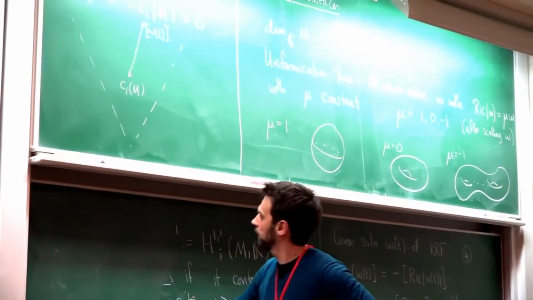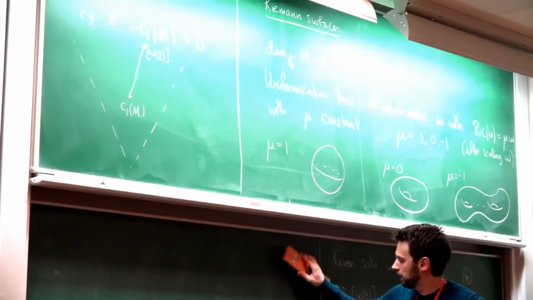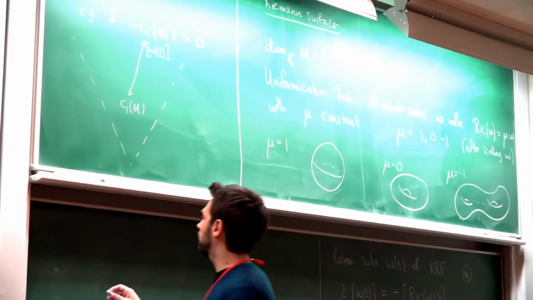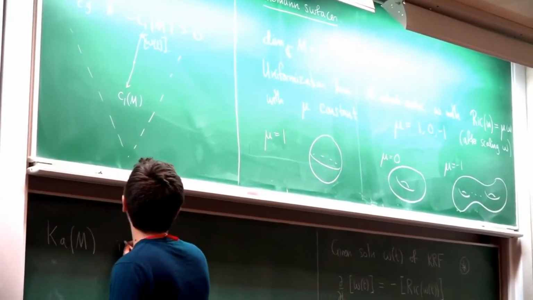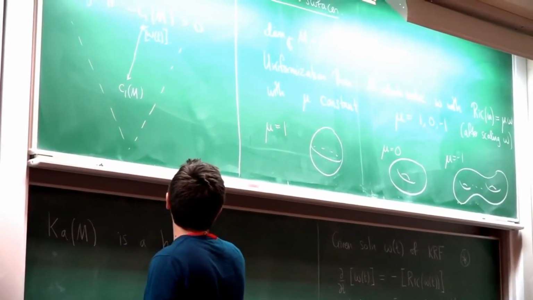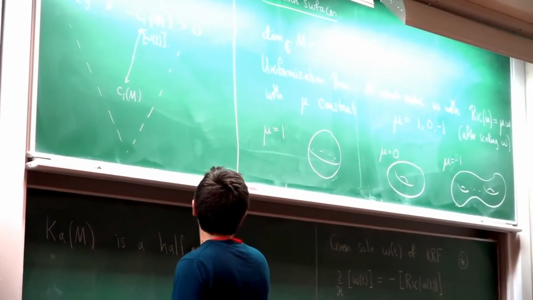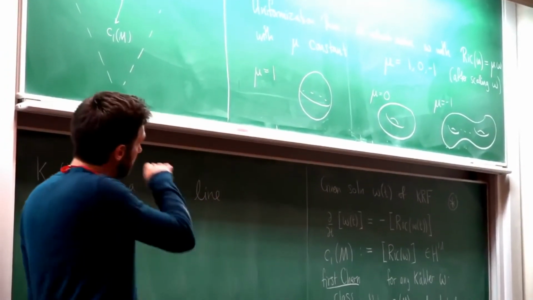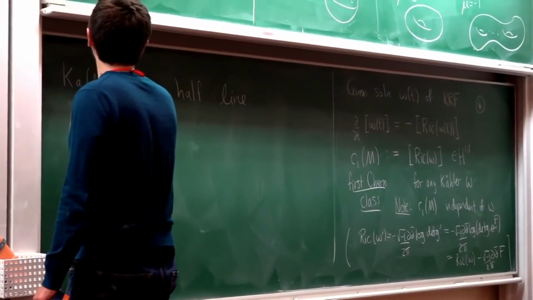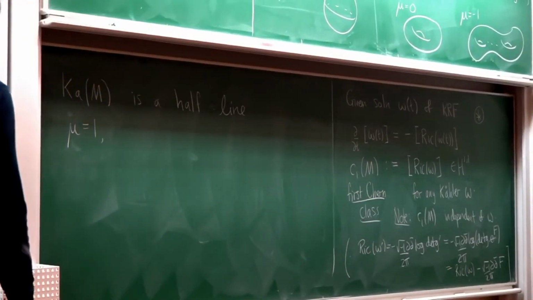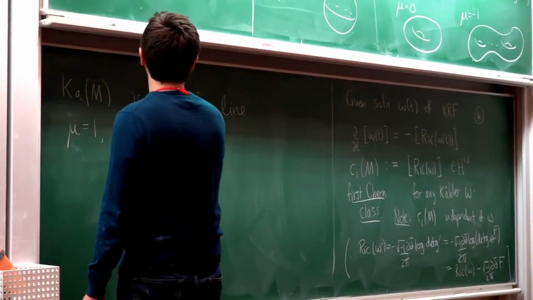It's just one-dimensional. So here the Kähler cone is a half line. If you're in the case mu is 1, you see that C1 of M is positive.